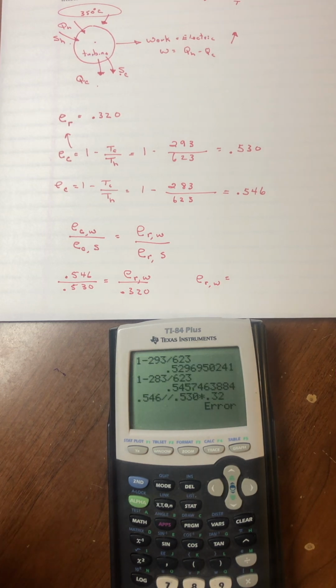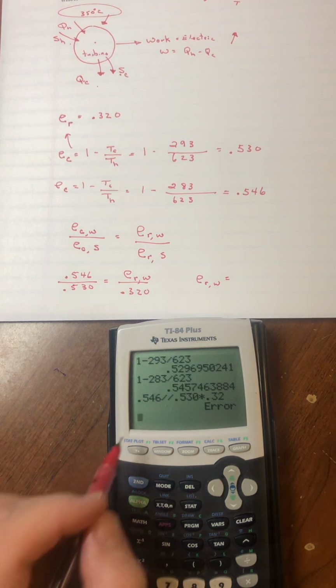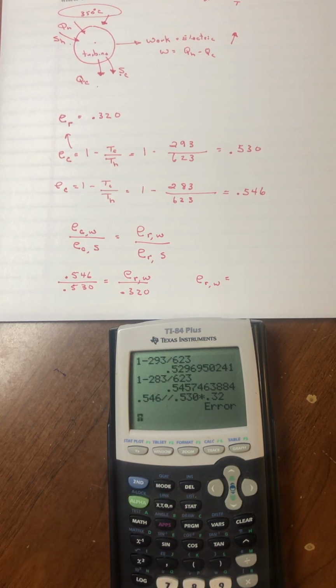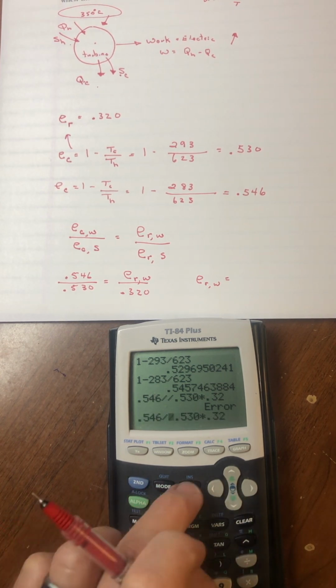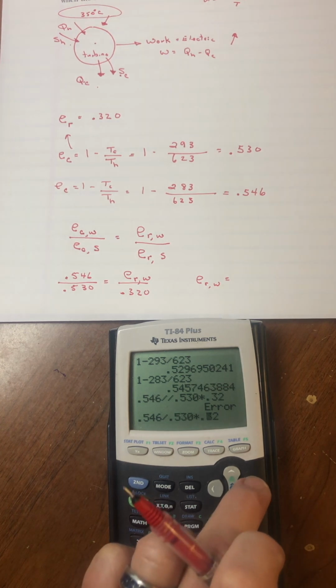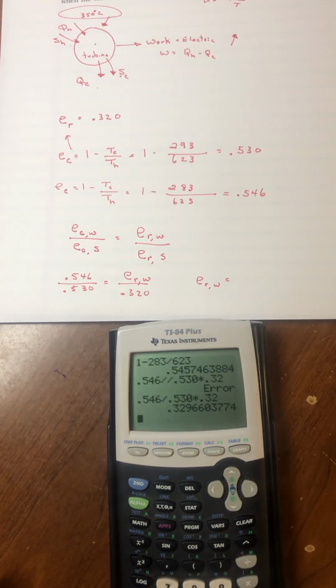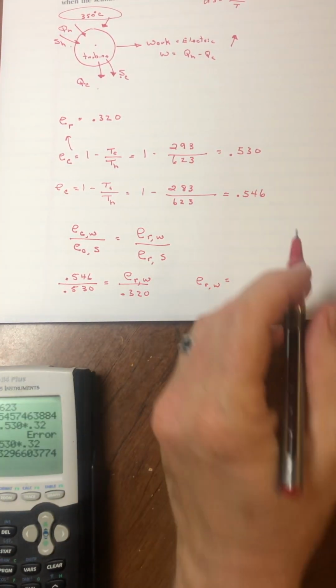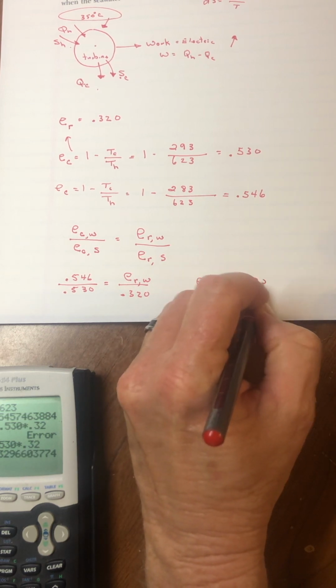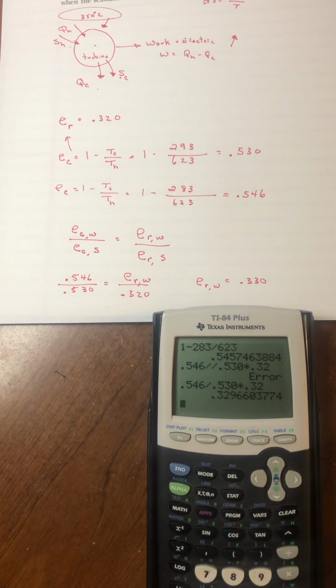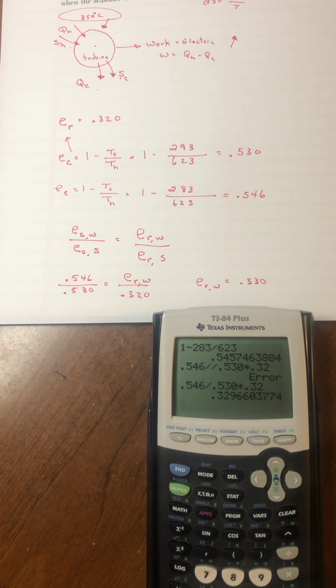Oops, syntax error, I did a double divide here. All right, let's see if that helps. Okay, so it looks like it's going to boost it up to about 33%. And so we get 1 more percentage point better.